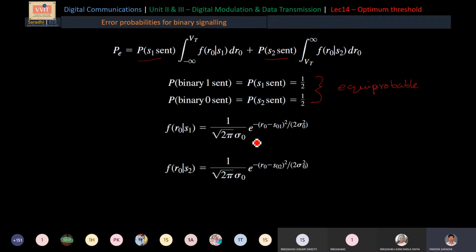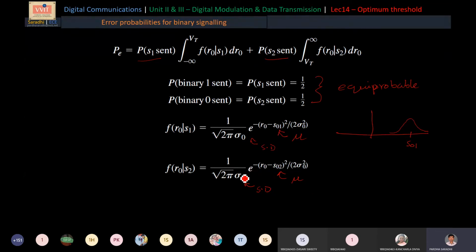So these density functions will have a Gaussian expression like this. What do you understand from this expression? This is the mean and this is the standard deviation, isn't it? This is the mean of the Gaussian and this is the standard deviation. So obviously the Gaussian pulse will be centered at S01. Similarly, this is the mean and this is the standard deviation of this one. What do you observe here? What we observe here is that only their means are differing.